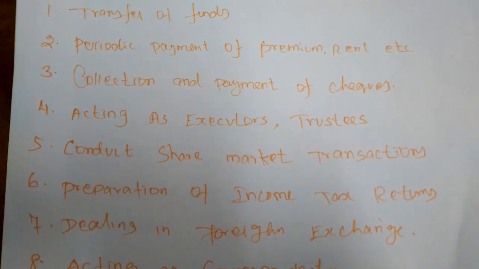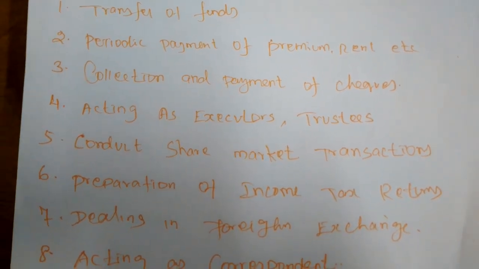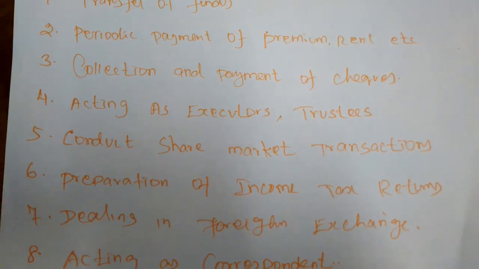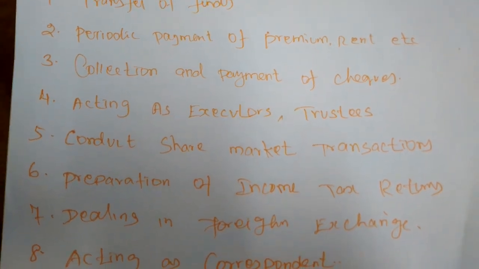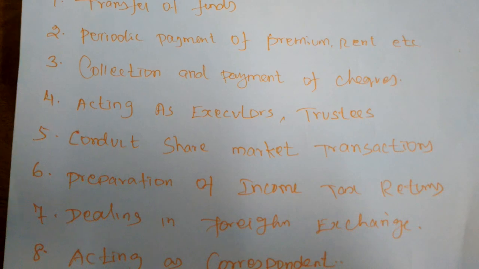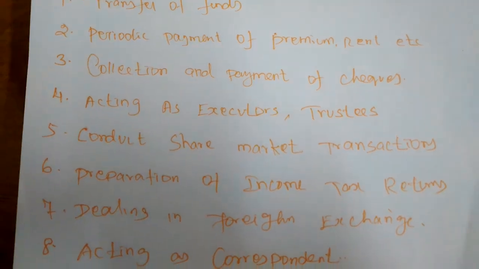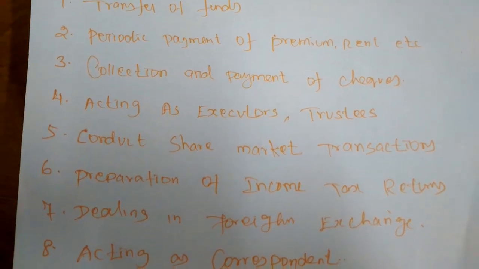Next, acting as executors, trustees and attorneys. Commercial banks act as executors of the will of customers and implement their will after their death.